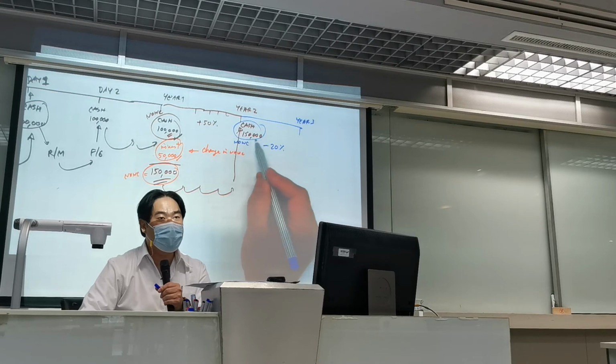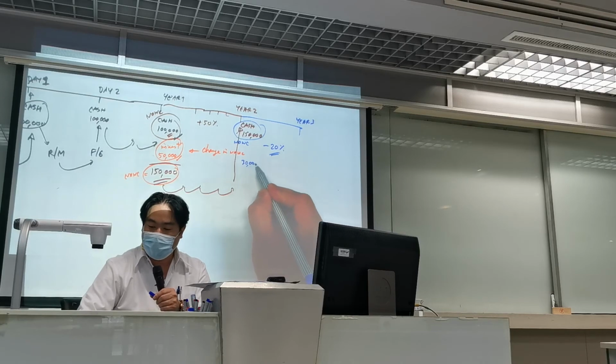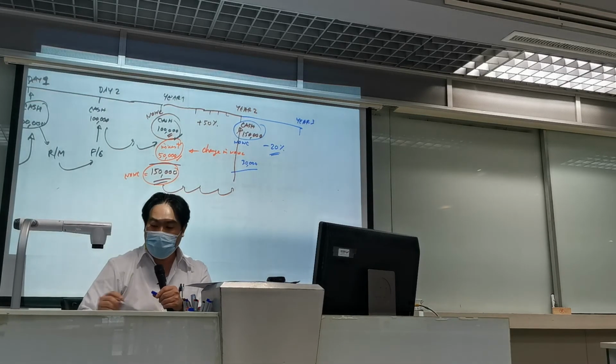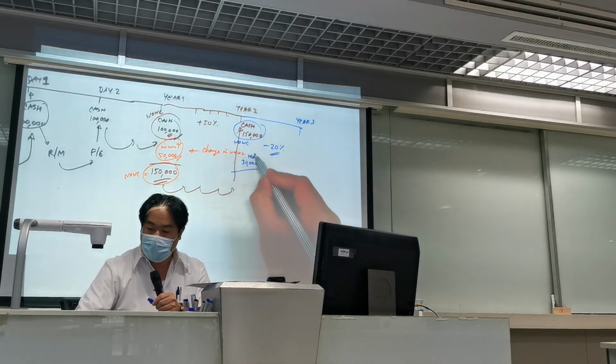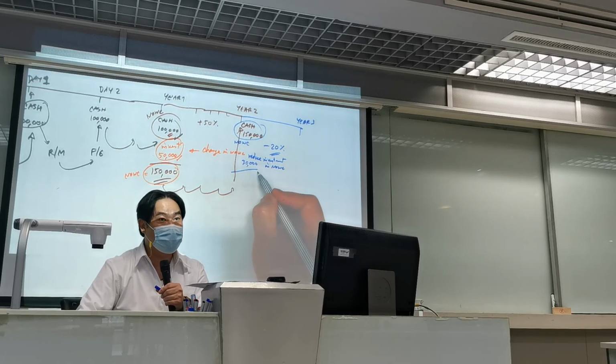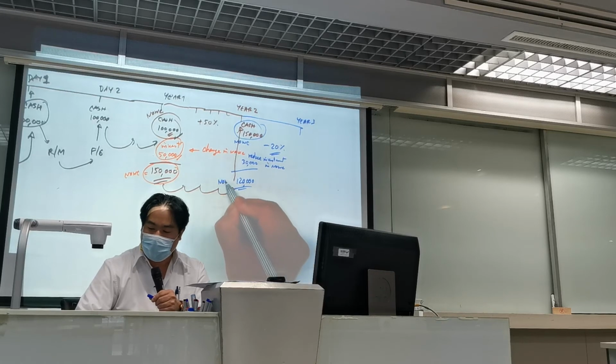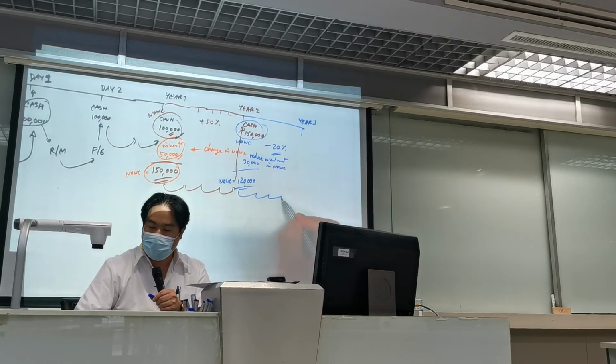Is it 150,000? No. It must be reduced by 20%, right? Or reduced by 30,000. So the company must reduce investment in net operating working capital by 30,000. So the company will have only 120,000 of net operating working capital to continue in year three.